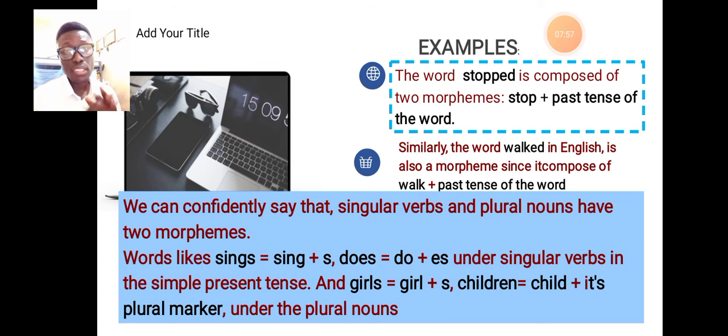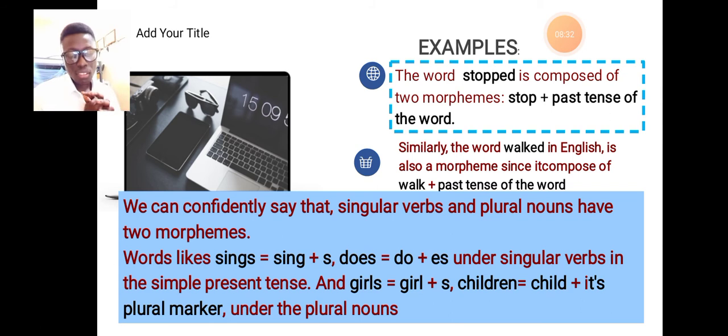It is never advisable. You can't, because though the word might be plural, how are you going to divide it? That's what you must take note of. That's why I said not every word is a morpheme, but almost all the words in the English dictionary are morphemes. Put that in mind. All right.